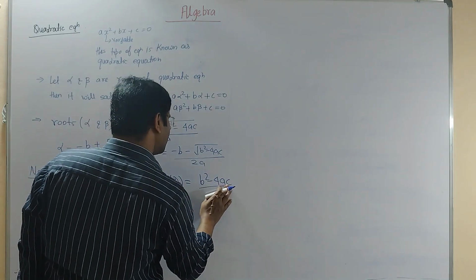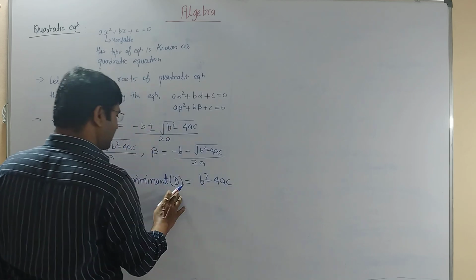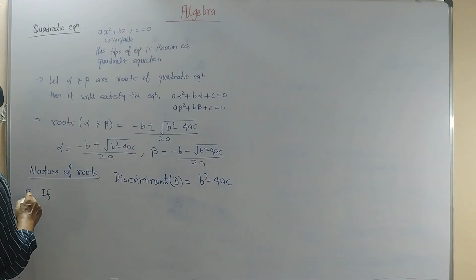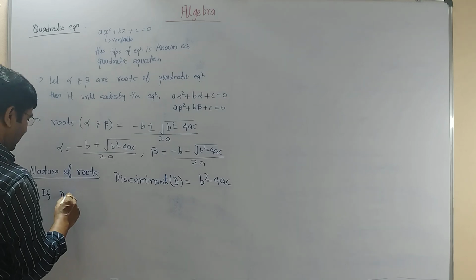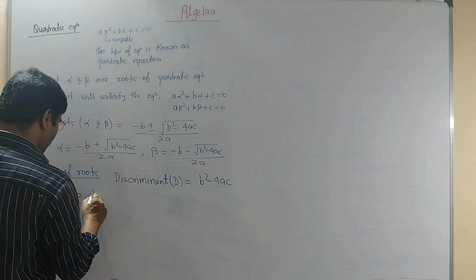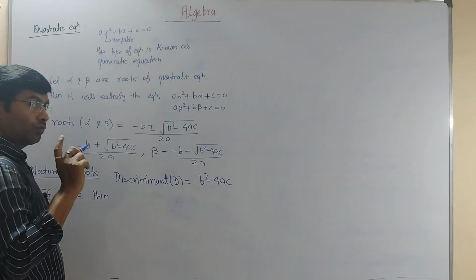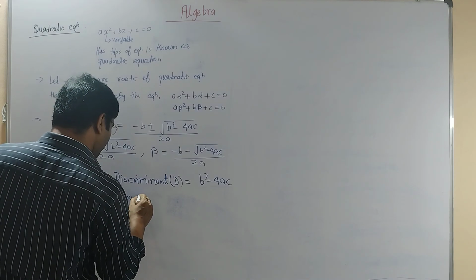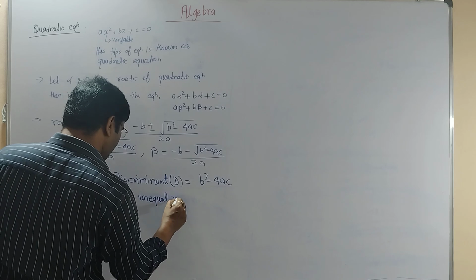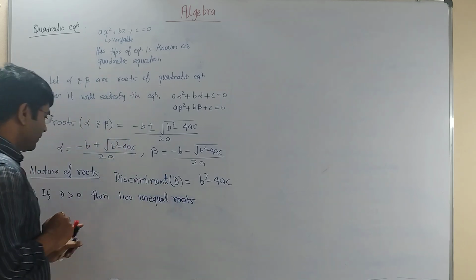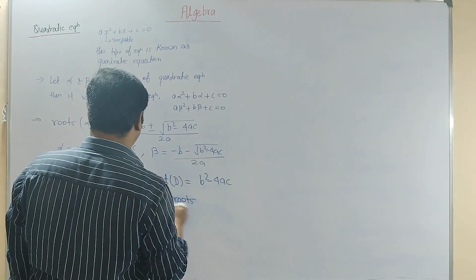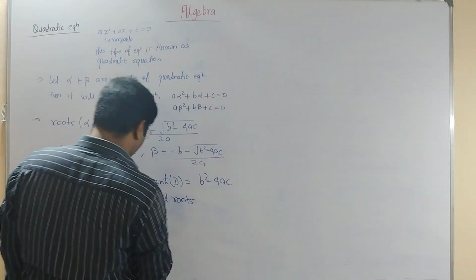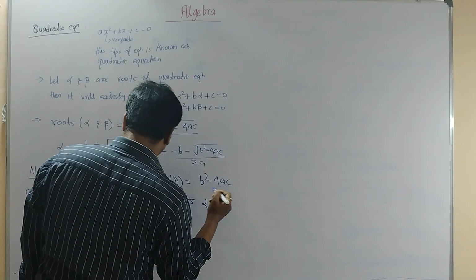Case number 1: if D is greater than 0, we will get two unequal roots, alpha and beta.